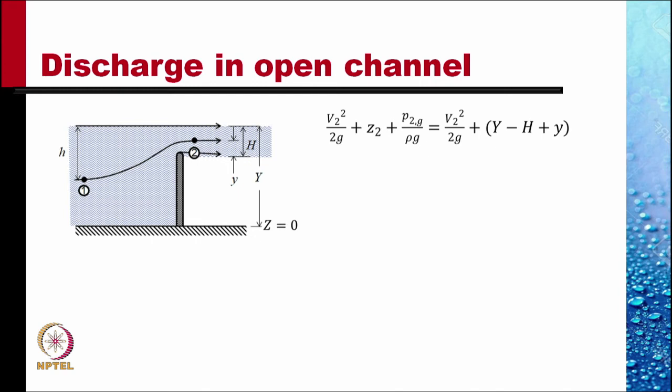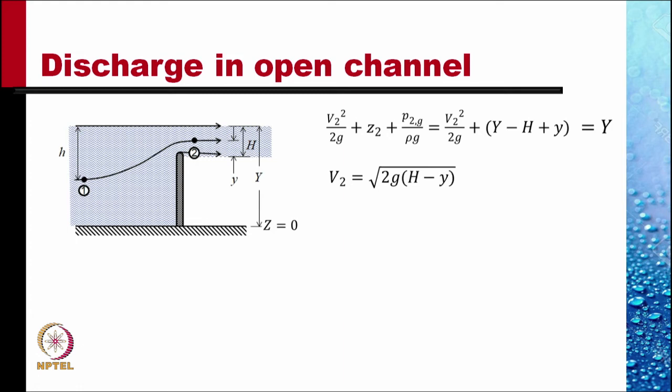This would be equal to V2 squared by 2g plus y minus H plus y at the second point, and so this would give you capital Y as evaluated before. So this gives you V2 equal to the square root of 2g into (H minus y). This is the velocity at point 2.